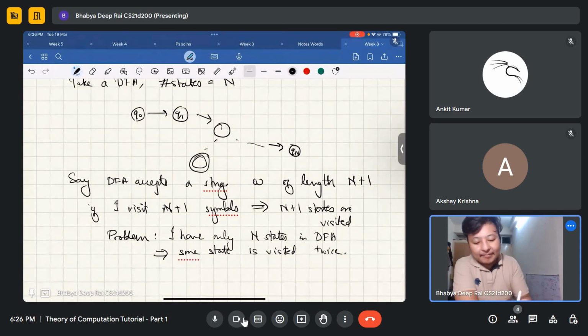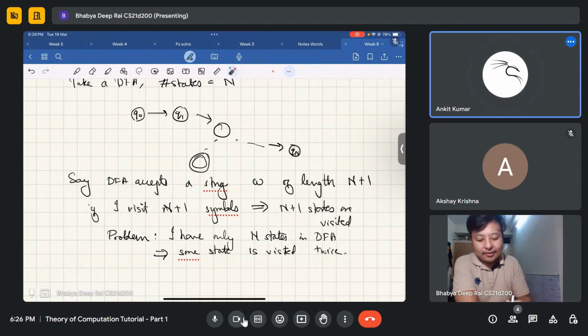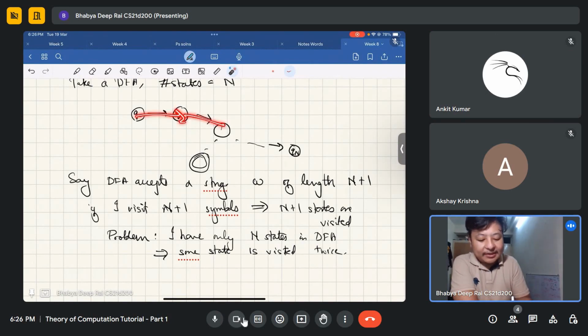Getting it? Yes, sir. So I keep visiting and I accept a string of length n plus 1 and I'll say, oh, okay, there are only n many states. If I visited n plus 1 states, I must have repeated some state. And how did I repeat a state? By a self loop or by a cycle.